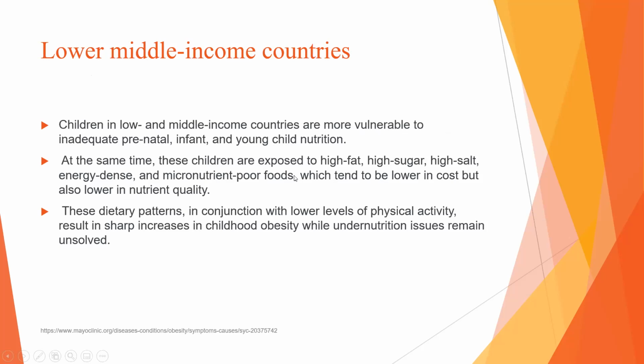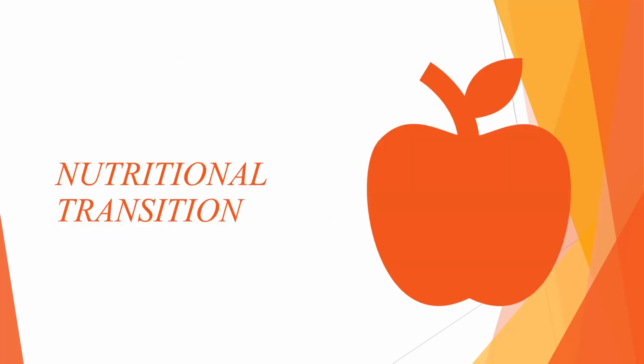Therefore, these children are exposed to high fat, high sugar, high salt, energy dense diets that cost less but are lower in nutrients, causing different types of malnutrition in children under 5 years of age. Dietary patterns along with physical activity lead to undernutrition as well as overnutrition of children.